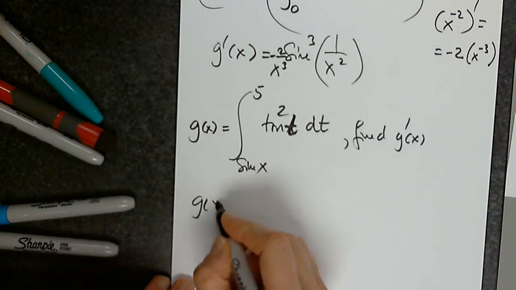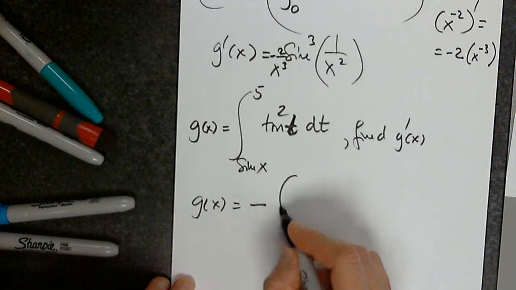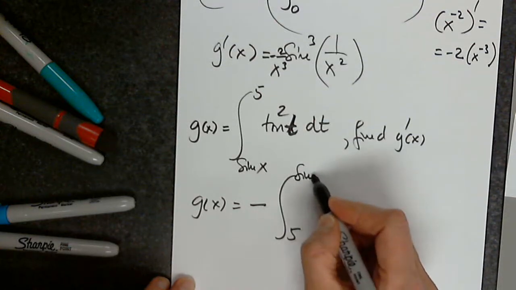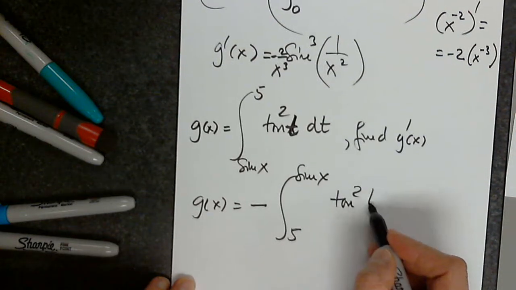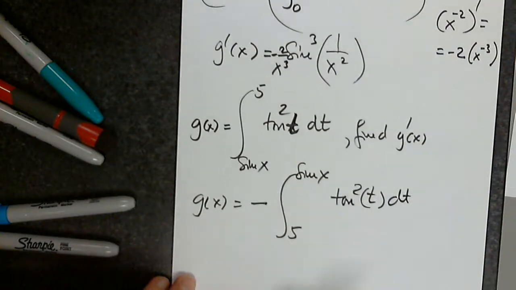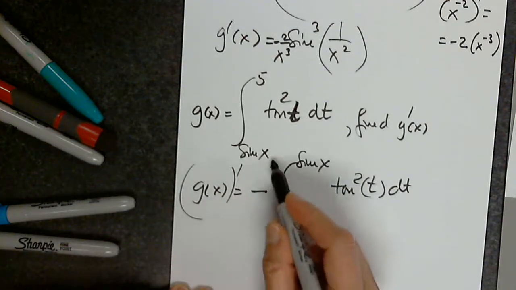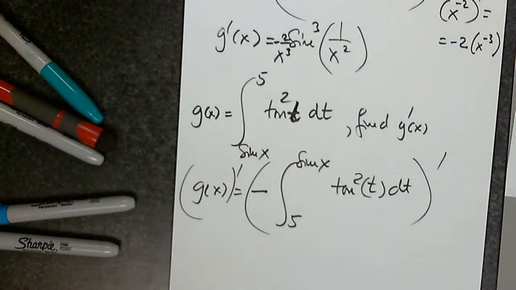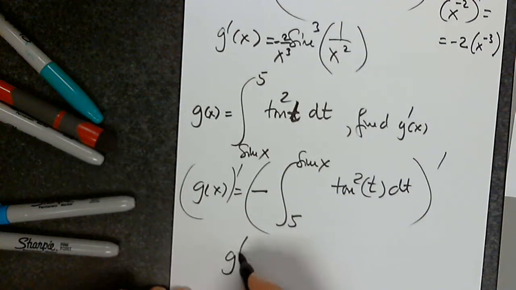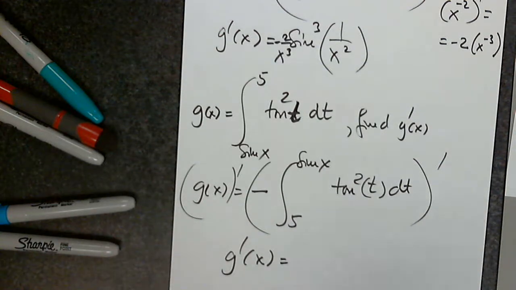So then g of x is basically negative the integral from 5 to sine x of tangent squared t dt. Now I'm safe. Now I can apply the fundamental theorem of calculus part 1, and I'm allowed to differentiate both sides because I'm asked to. I'm asked to find g prime of x, minus.